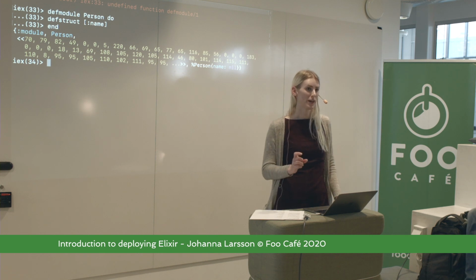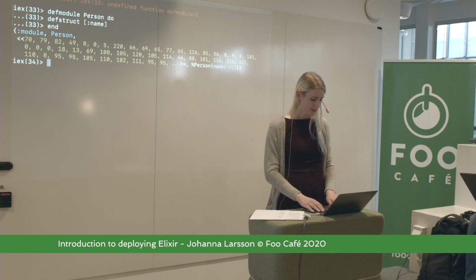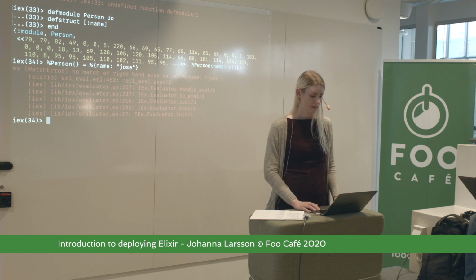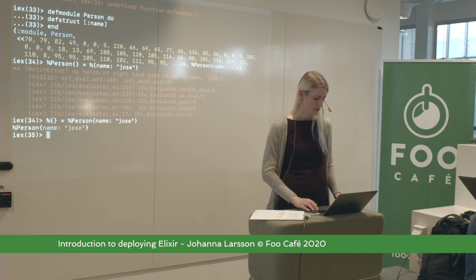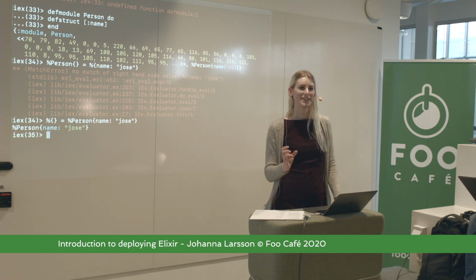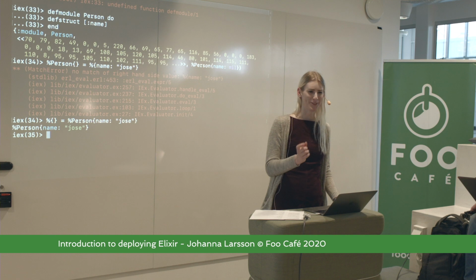You can also pattern match against structs. So we can say that we have something that is a person. We want to make sure that it is a person. And if I put anything else here, even if it has a name, it doesn't match. But the opposite is not true. If you have a struct, it is a map, but a map is not a struct.